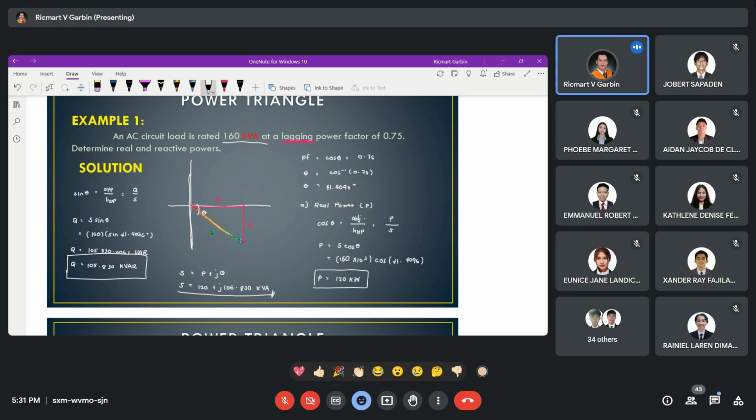Any questions? Naintindihan po ba yung sa ating power? Naintindihan po ba? Sagot naman kayo. Okay.